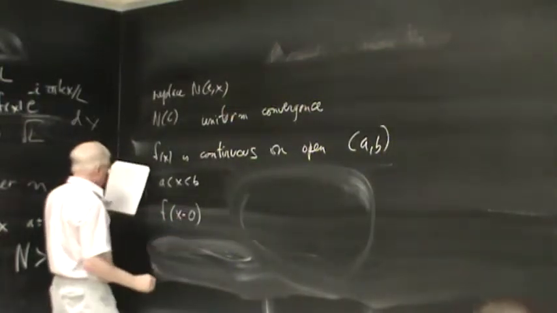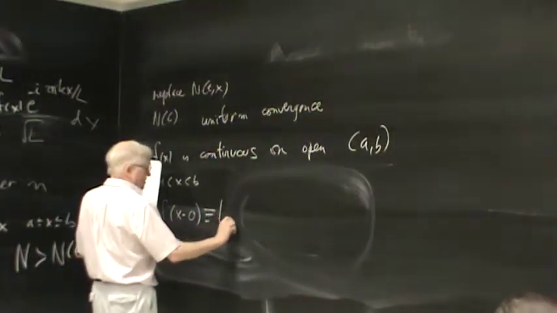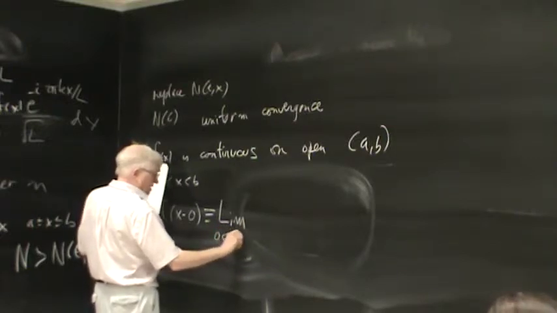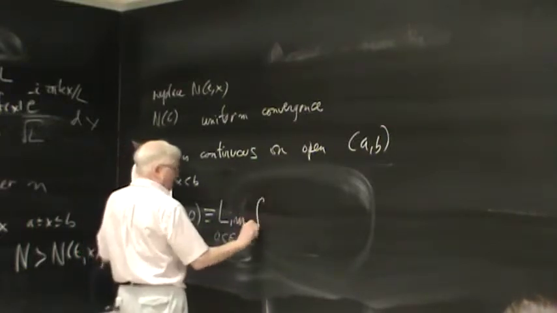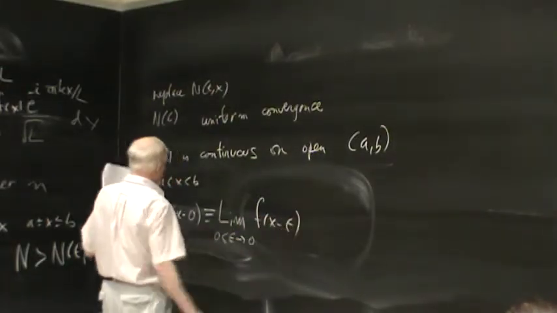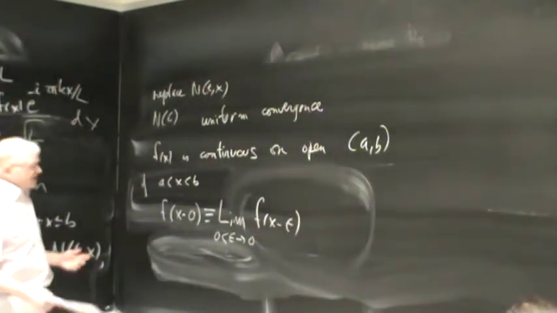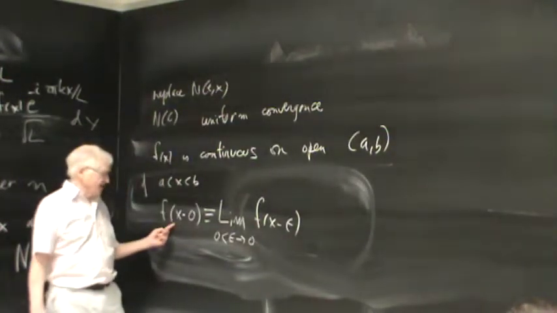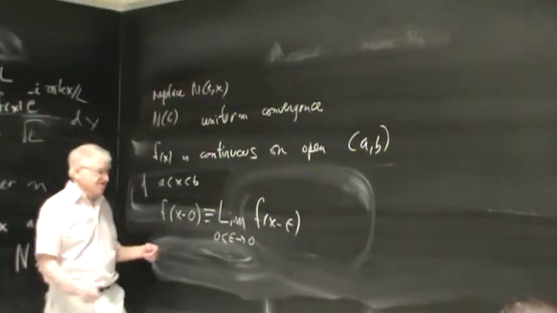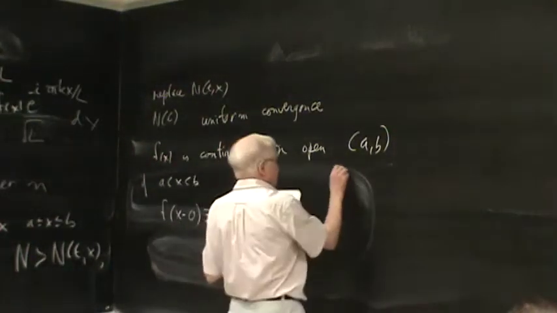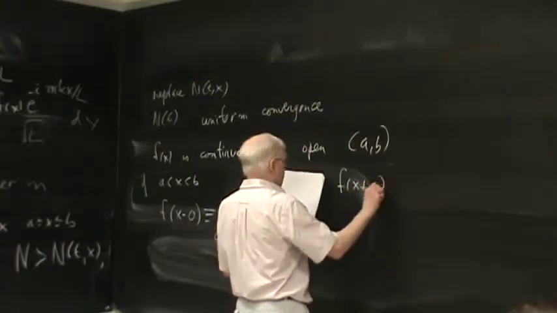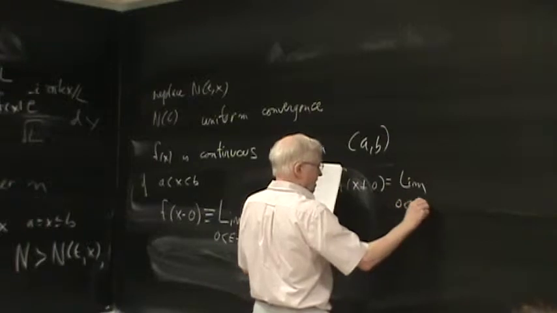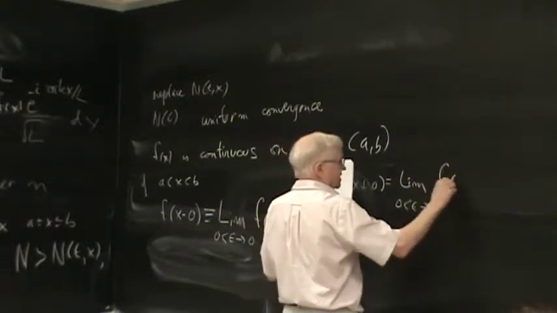The two limits are f minus 0, which is the limit as epsilon goes to 0 for positive epsilon. In other words, this is the limit of f of x from below. This is f of x minus 0. And f of x plus 0 is the limit, again, with epsilon positive.